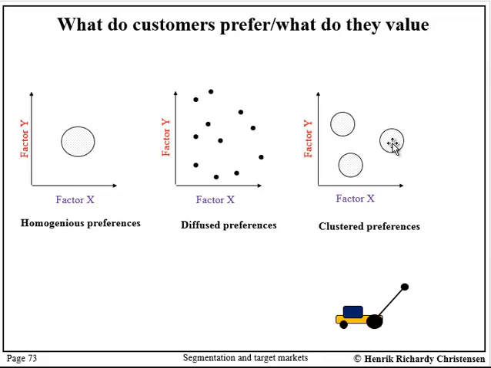So instead of having just one or spread all over, we have different groups. In this case, 3 different groups where people have the same kind of preferences. So as we can see, this circle here, this group of people, they have quite different preferences compared to that group over here. And therefore we call it clustered preferences.